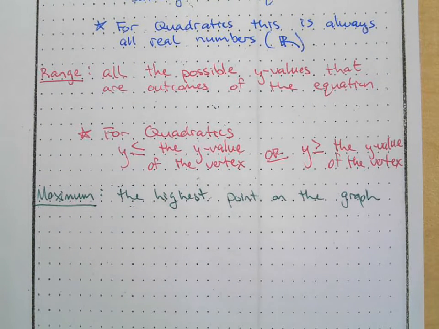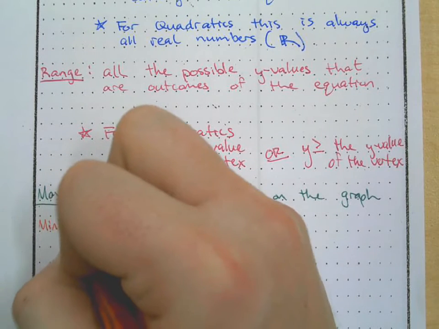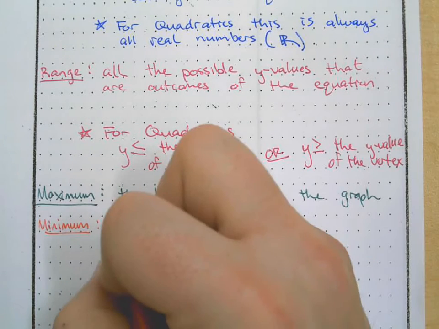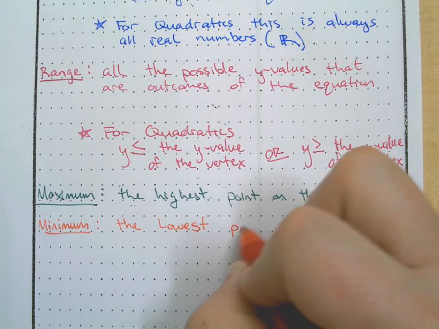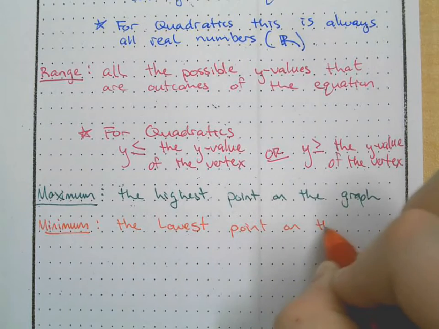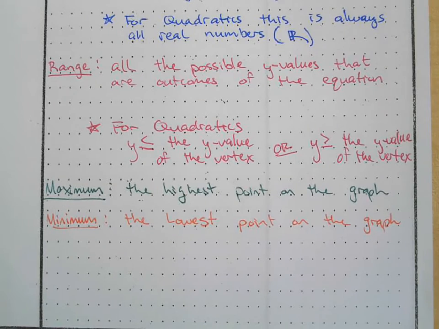And then we have a minimum point, which is the lowest point on the graph.